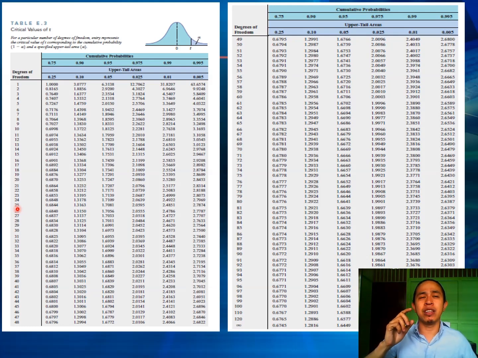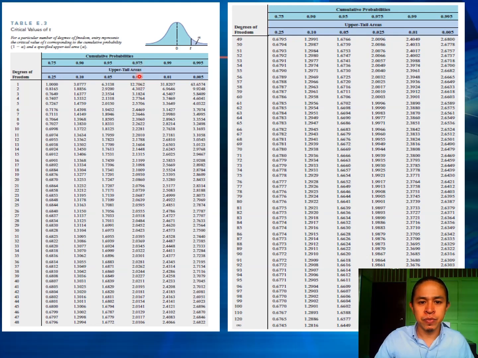So that is 0.05. And then, since we are assuming a normal distribution, we cut that into 2. So we have 0.025. So you look for the column 0.025. Its cumulative probability is 0.975.